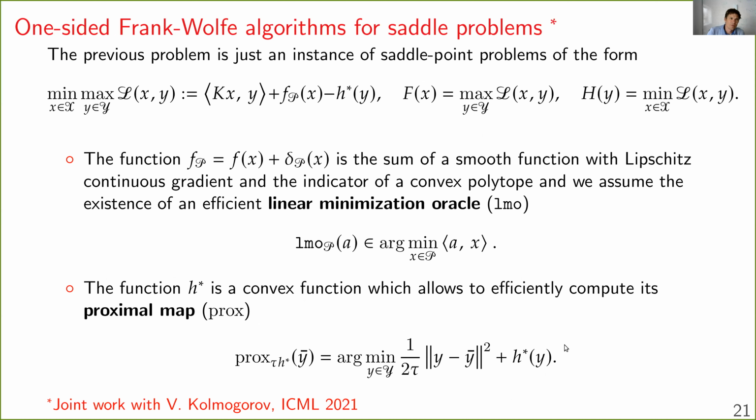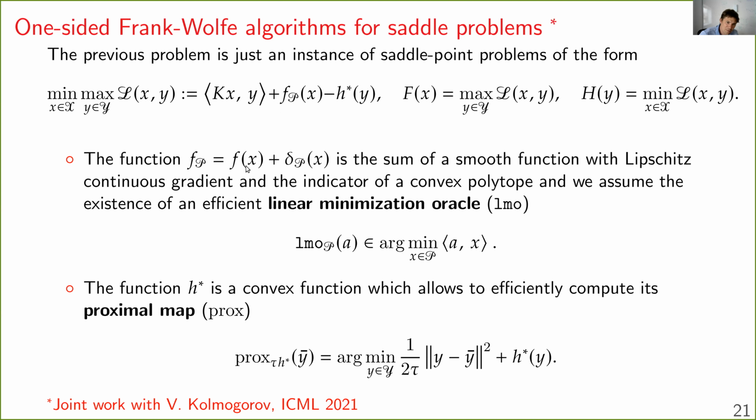Okay, so this previous problem is again just an instance of a more abstract saddle point problem of the following form. You have this bilinear term here, Kx times y, plus a function f_P of x minus h star of y. So we have a particular structure which we assume and which we would like to exploit when we have an algorithm for solving the saddle point problem.